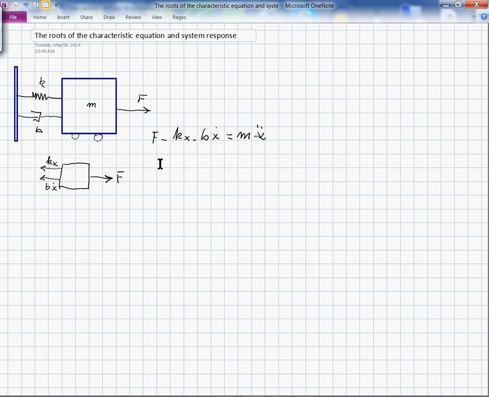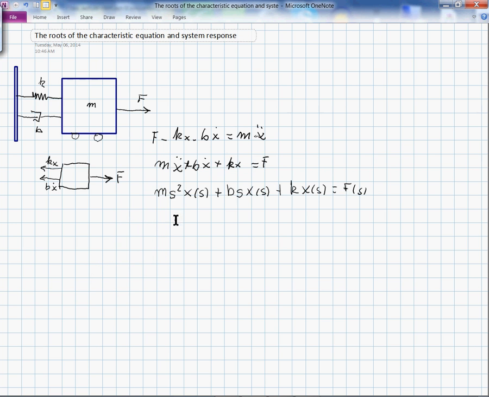If we rearrange this, because we would like to apply the Laplace transform and collect terms to find a transfer function between x and F, then applying the Laplace transform we have m s squared times X of s plus b times s times X of s plus k times X of s equal to F of s.